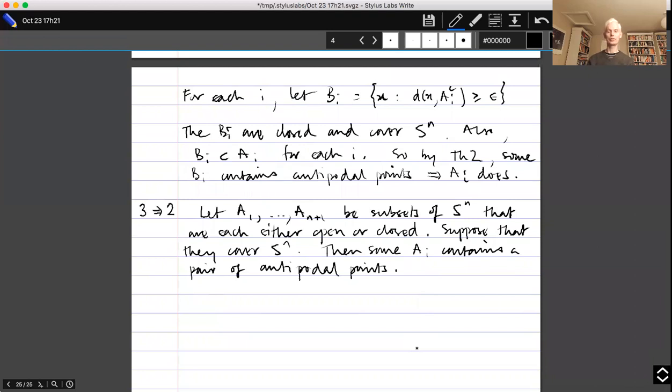Right, so if they're all closed, then this will imply the closed sets version. So if we can deduce this from 3, then we've managed to prove the equivalence. But we're going to prove this by induction on the number of closed sets.